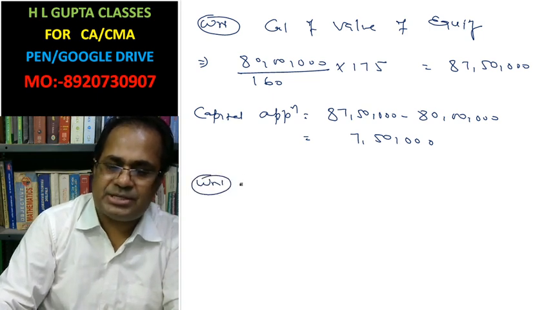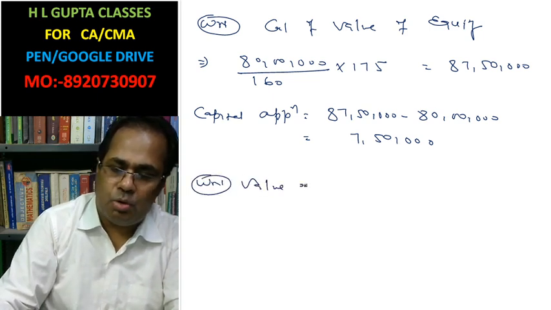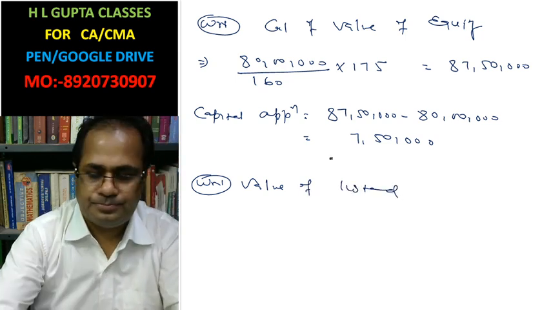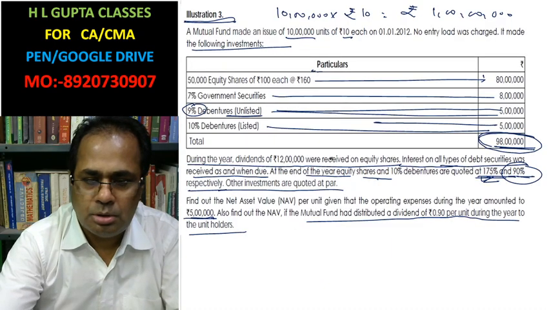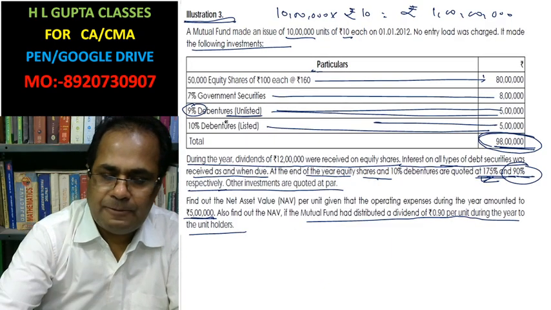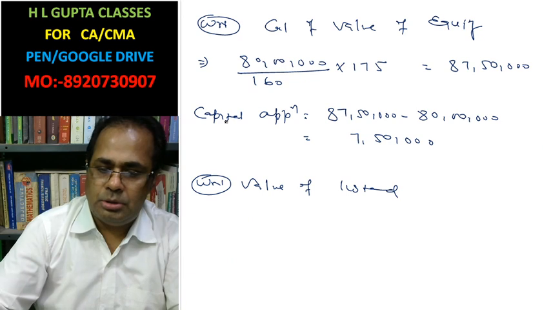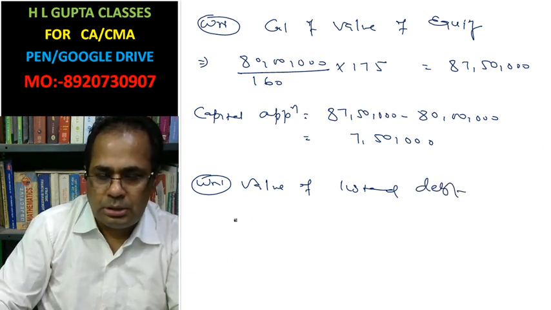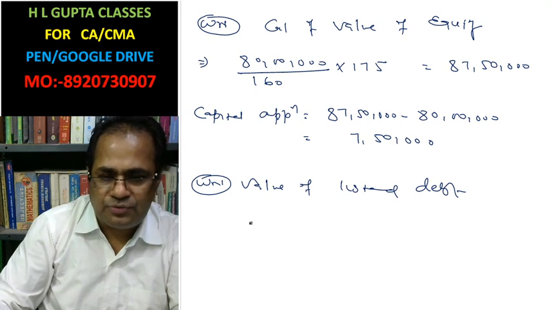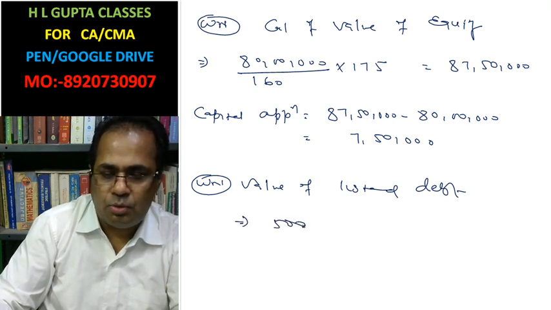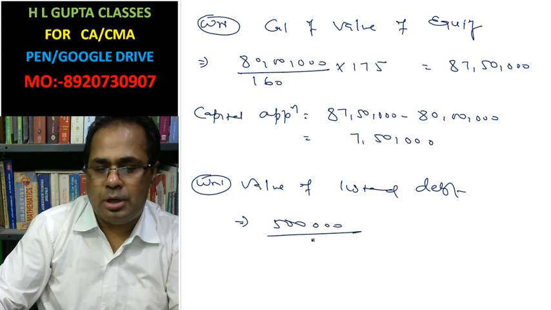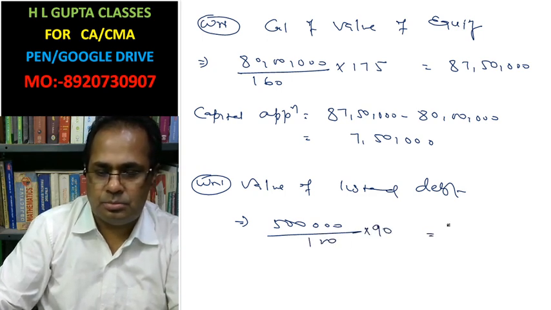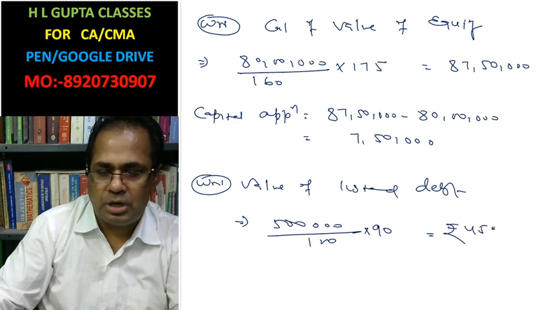Value of listed debentures. This was rupees 5 lakh at 100, now it is 90, so 4 lakh 50,000.